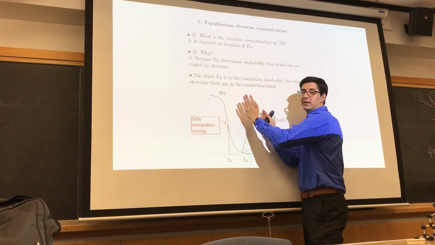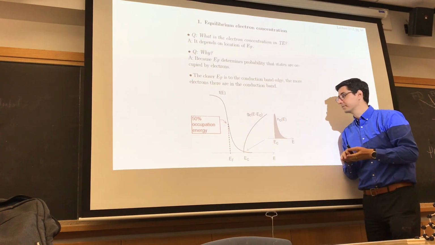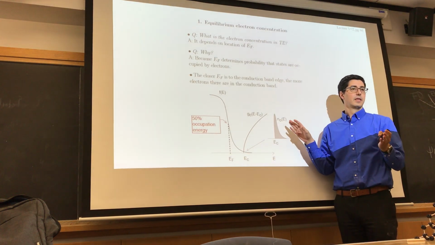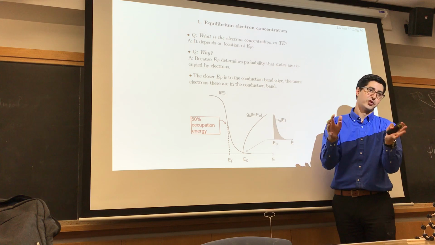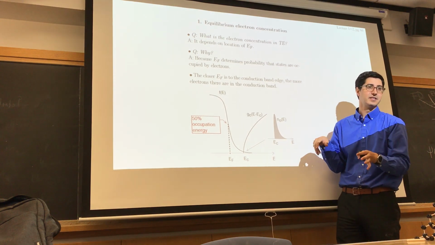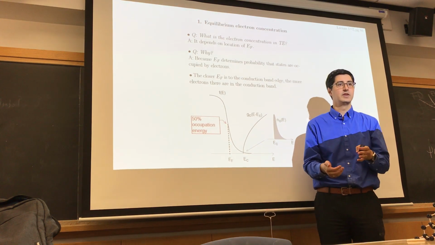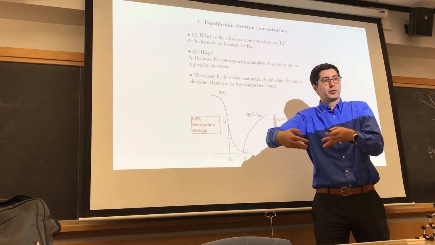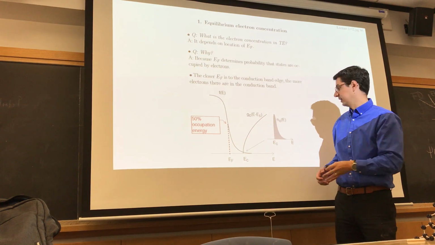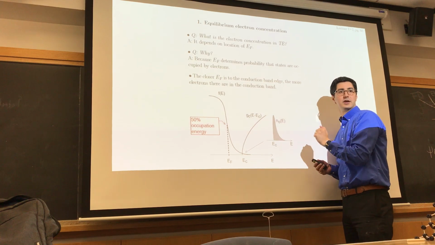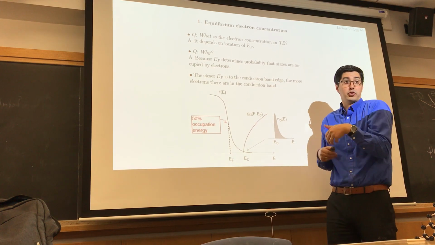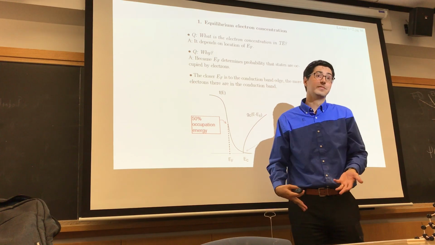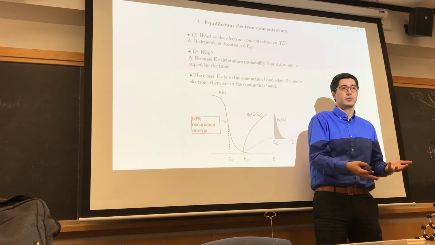That's just from multiplying these two together. Now, N naught of E, there are just a lot of terms in this class. N naught of E is not the same as N naught. They're in different units. N naught of E is per volume per energy. And if we integrated N naught of E, we would get the total number of electrons in the conduction band per volume. We're almost always in volume.